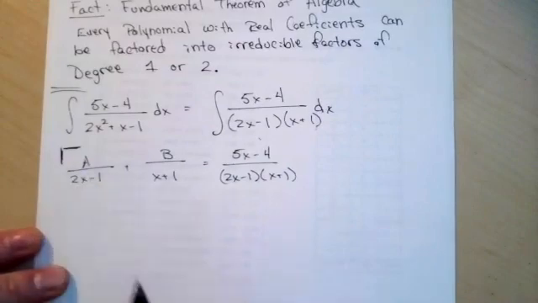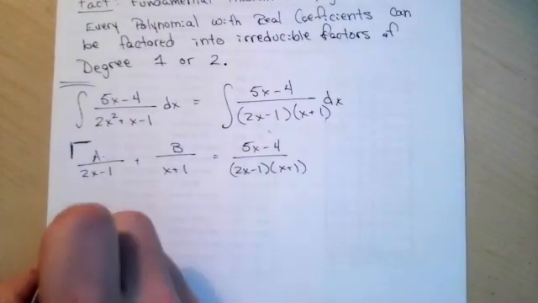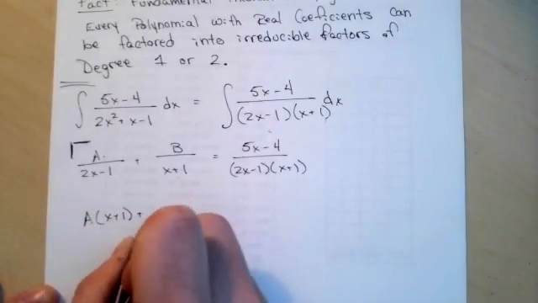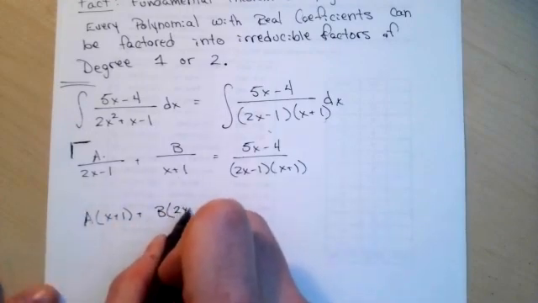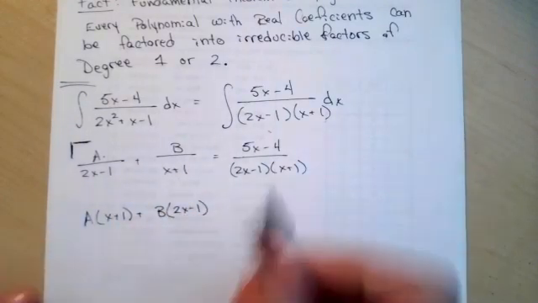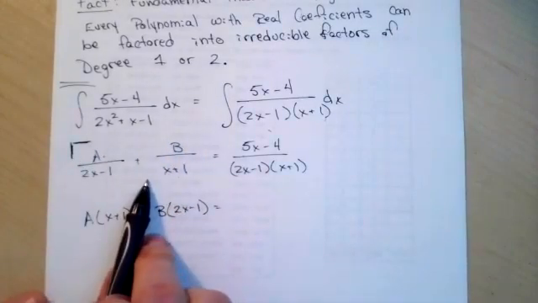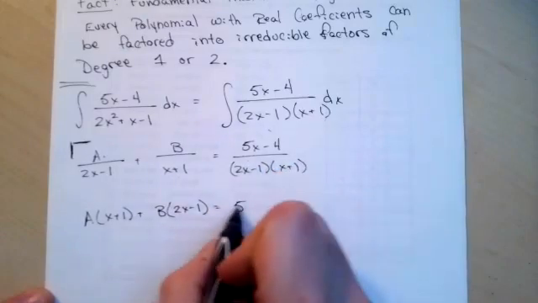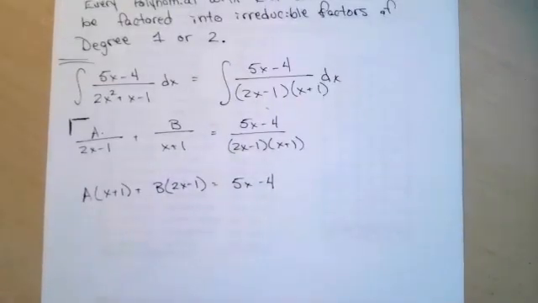And what's going to happen when we find a common denominator, we'll have A times the other denominator plus B times the opposite denominator. And then that's going to be the numerator if I combined those fractions. And so that's going to equal the numerator on the right. Everyone follow me on that step?